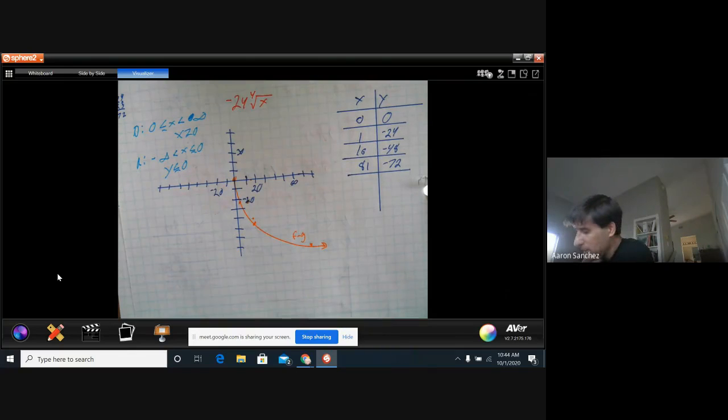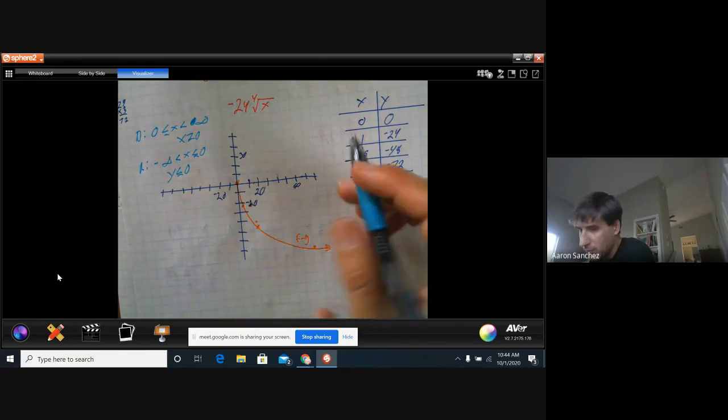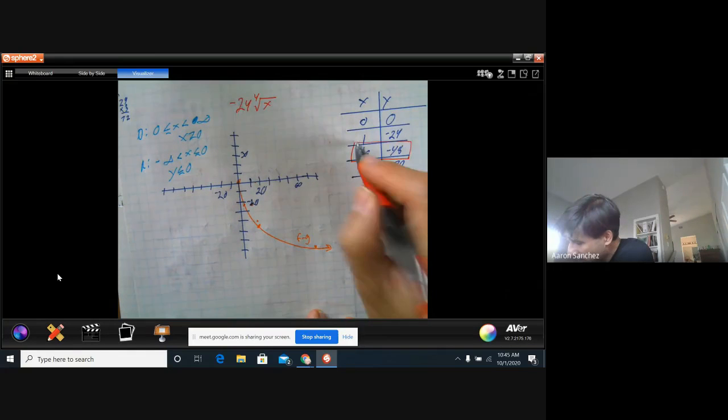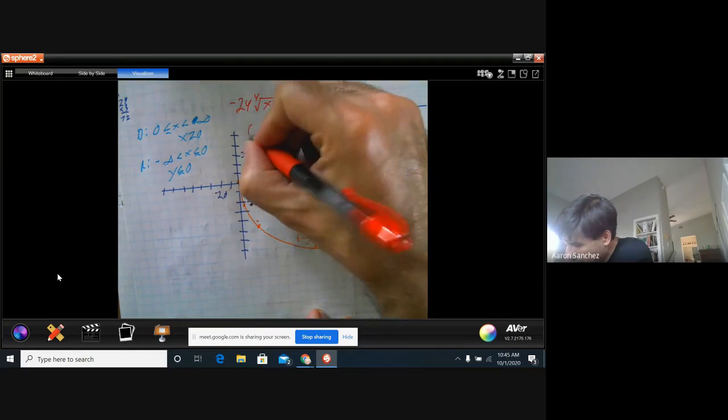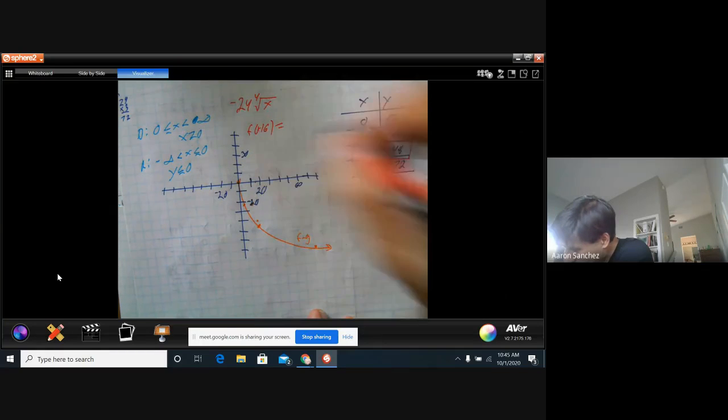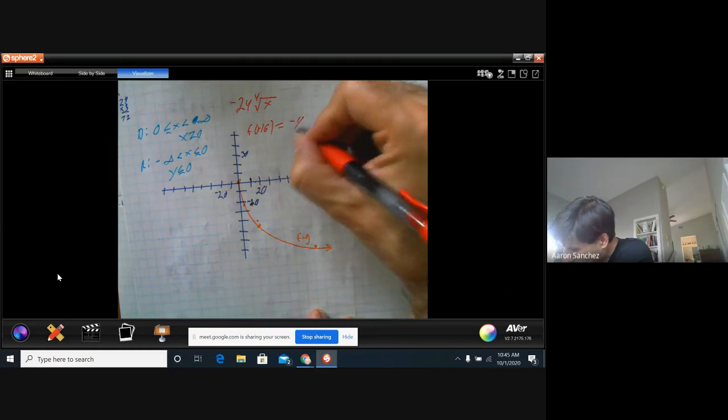Okay, it tells us to plug in 16 for our x. So we can say f of positive 16 equals negative 48.